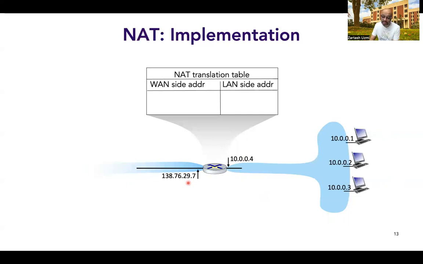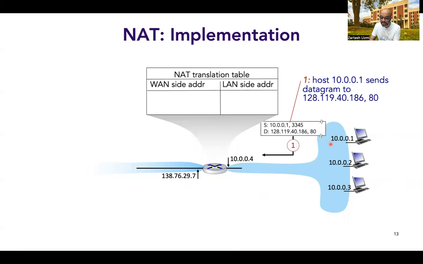Initially, let's consider the case when a packet is sent by one of the internal devices to somewhere outside in the world. Host 10.0.0.1 sends a packet, and in this packet the source IP address is 10.0.0.1, and the source port is 3345, which is picked by the operating system.